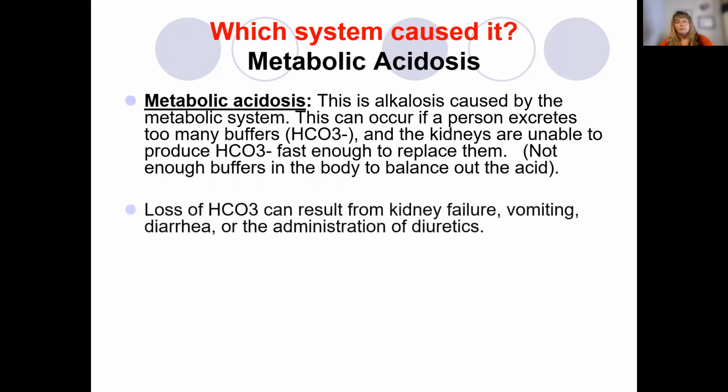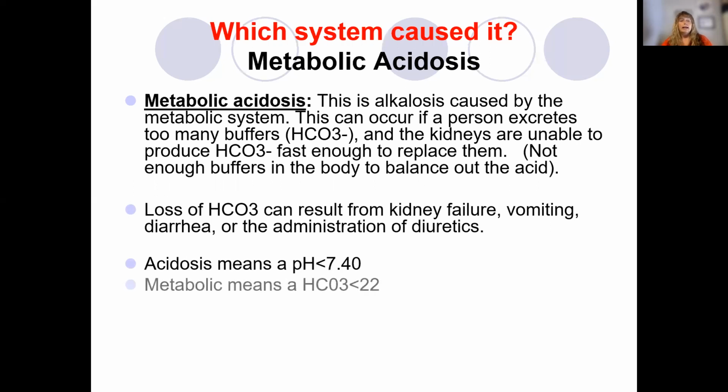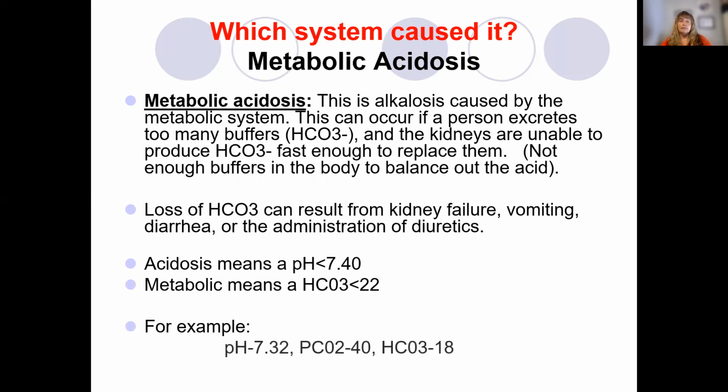The loss of bicarbonate can result from kidney failure, vomiting of the patient, diarrhea, or administration of diuretics. Remember that acidosis means a pH of less than 7.40, and metabolic means a bicarb of less than 22. So an example of this blood gas would be a pH of 7.32, a PCO2 of 40, and a bicarbonate of 18.